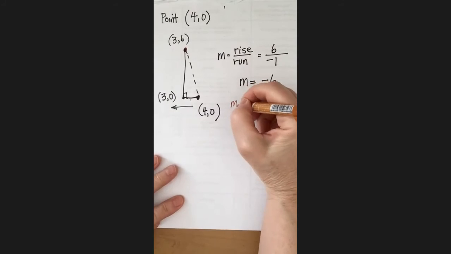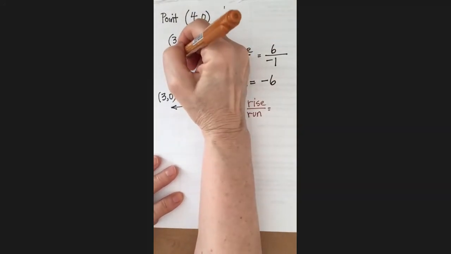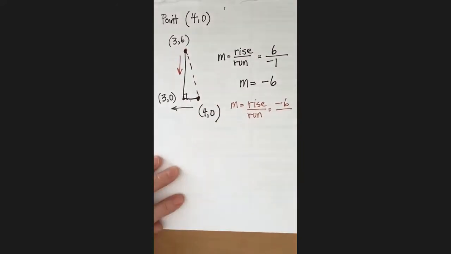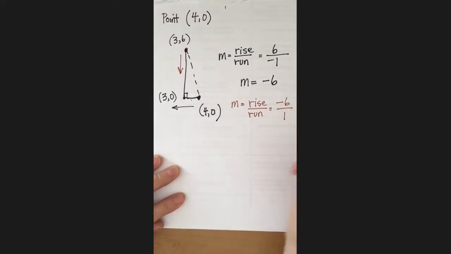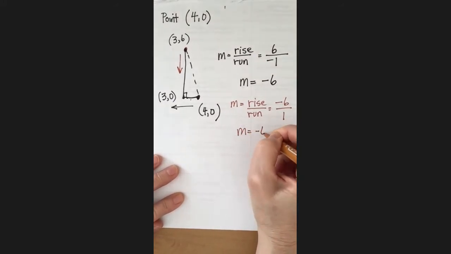Let's do that one: m equals rise divided by run. In this case, the rise is going down, that's the negative direction, so the rise is -6, but now the run is going in the positive direction. So no matter which way we do it, we get the same slope.